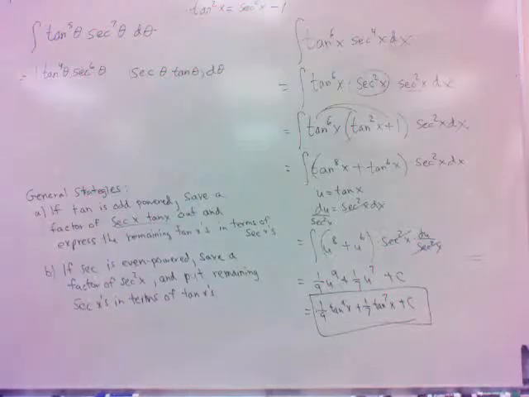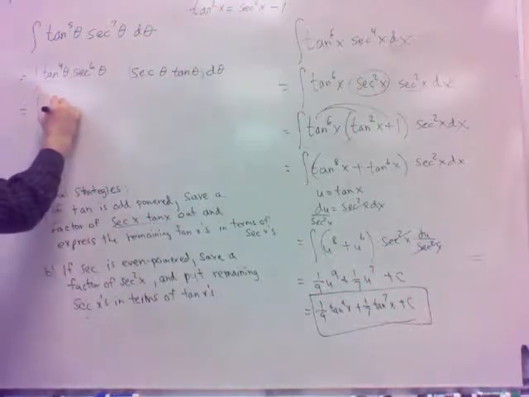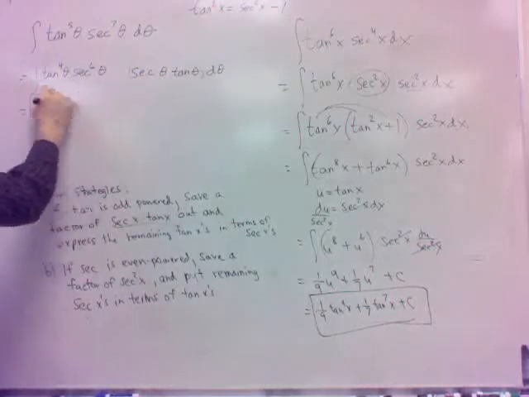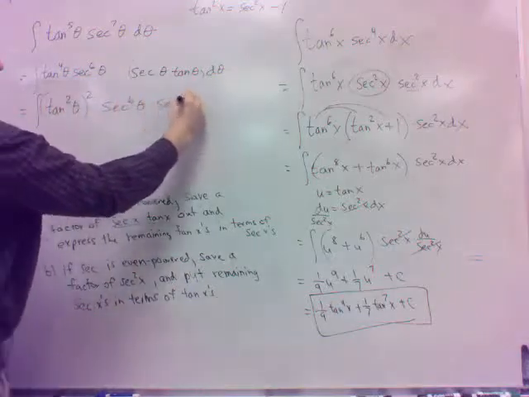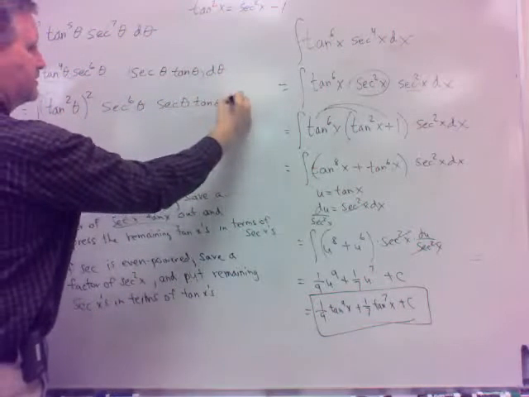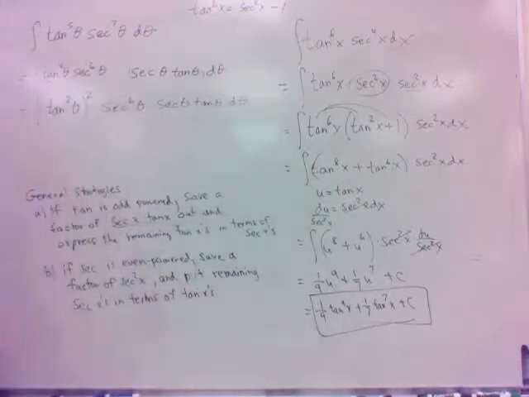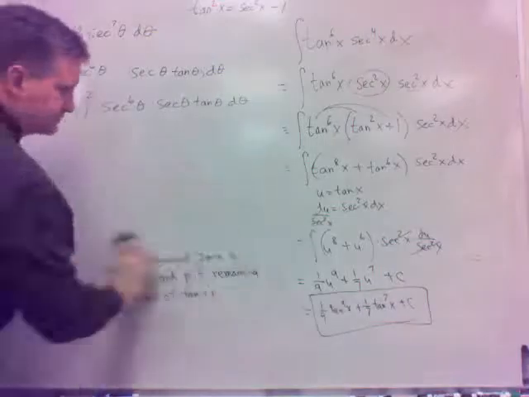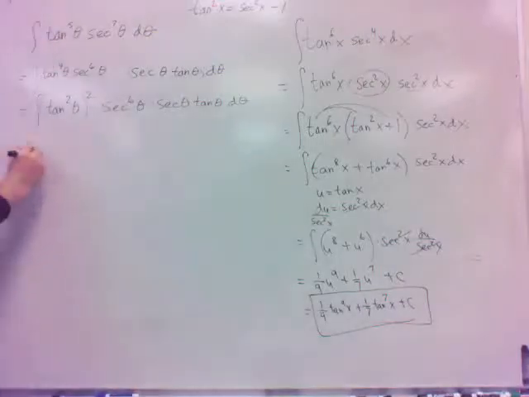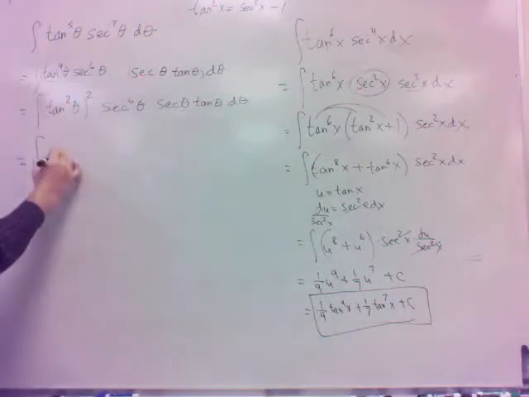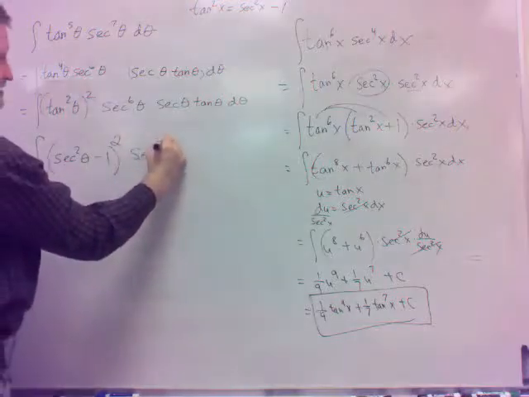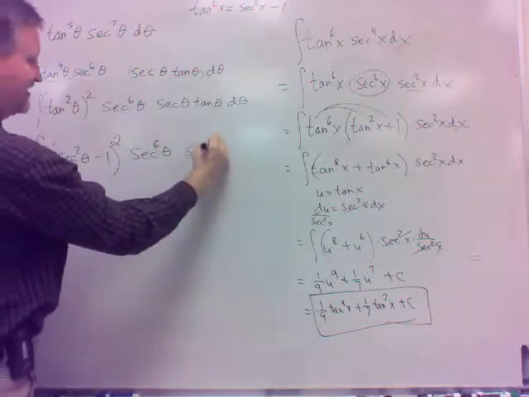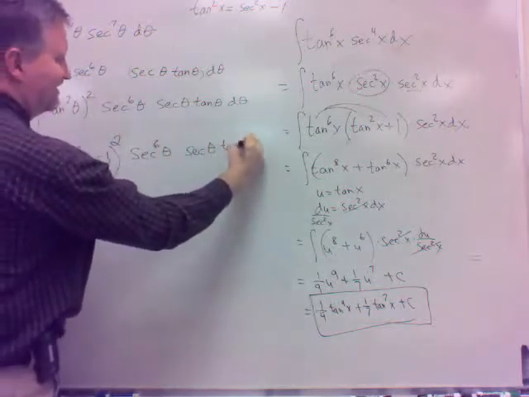Tangent squared squared, yes. I'm going to say this is tangent squared theta squared, secant 6 theta, secant theta, tangent theta, d theta. I'm going to think of that 4th as squared squared. Then I can replace tangent squared by secant squared minus 1. So it'll be secant squared theta minus 1 squared, secant to the 6th theta, secant theta, tangent theta, d theta.